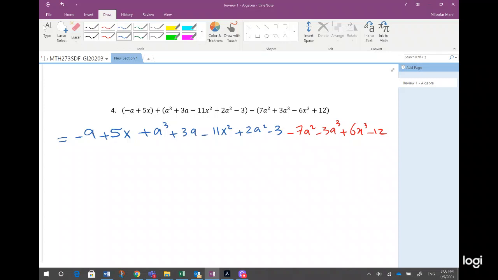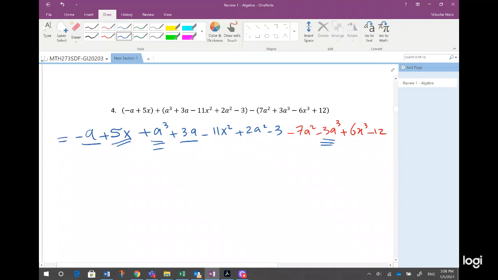Now I collect them. This is A, not 9. My handwriting is awful, I know. Okay, so this one and this one together. This one. Done. This one. No, this one and this one together, right?